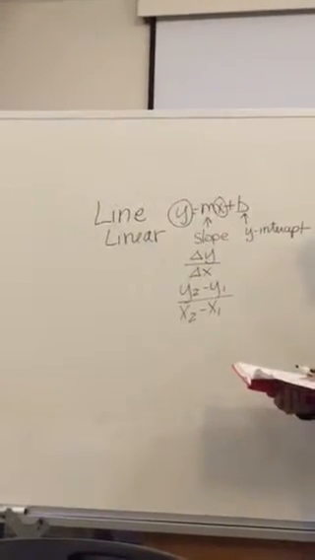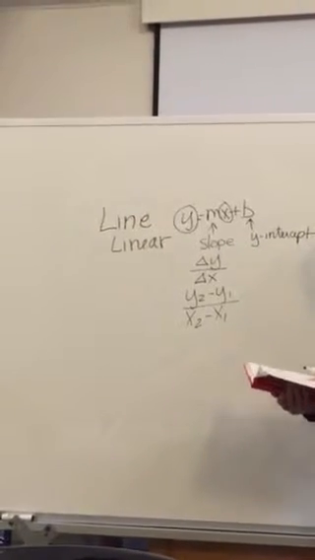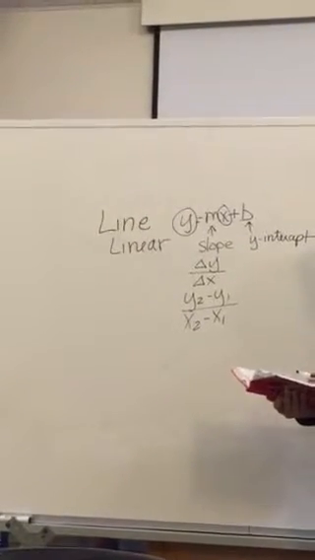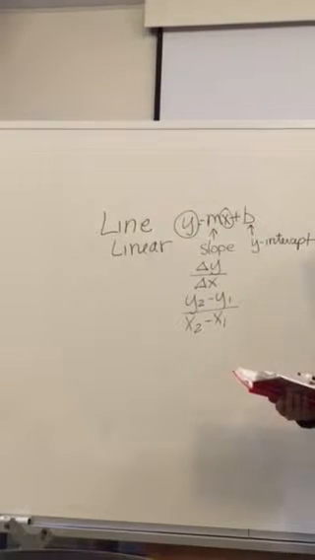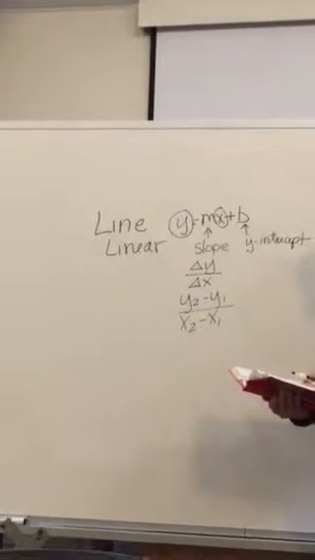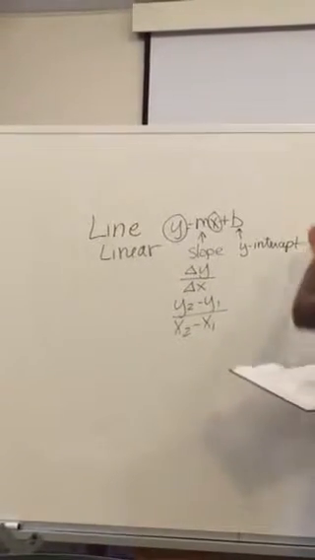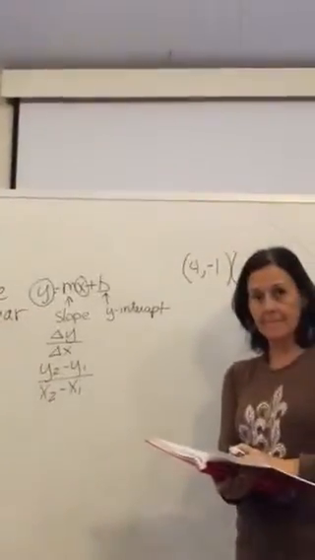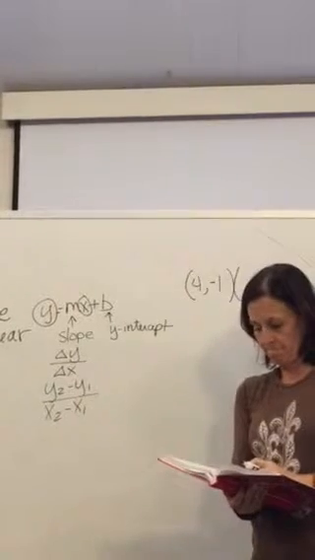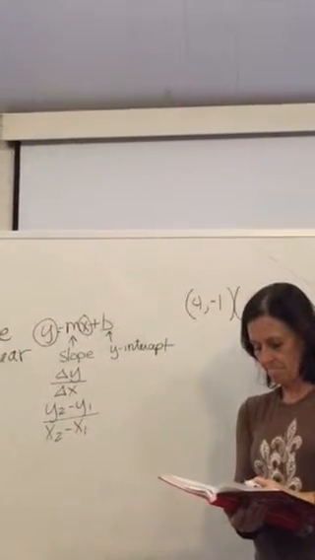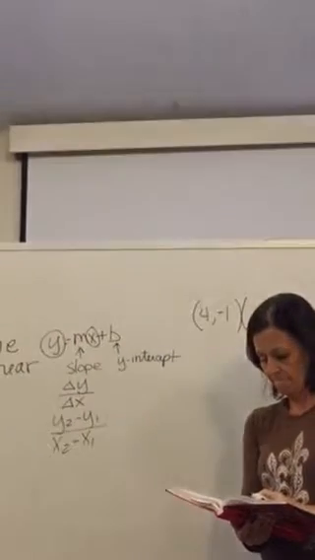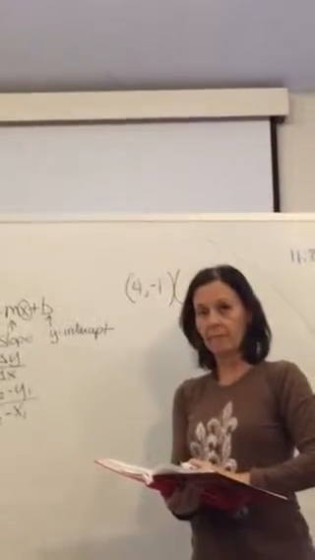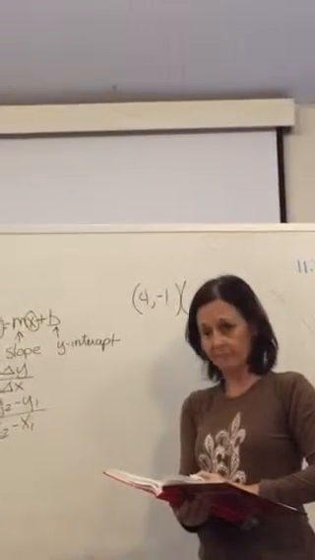Page 215. All right, so Noah. 4, yes, 4, -1, okay. Problem A on 215.